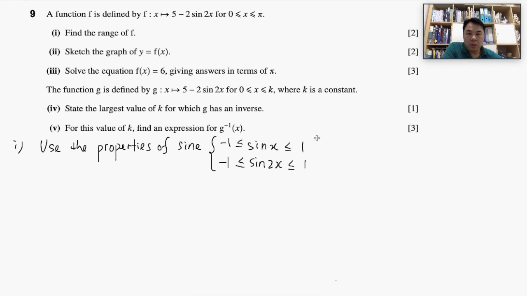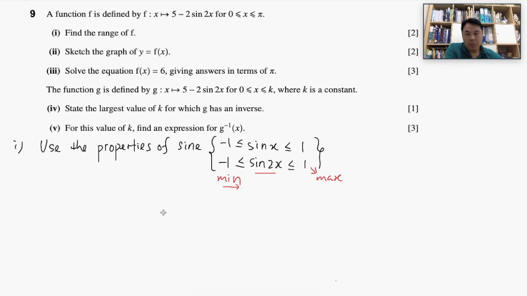So I'm going to use this property to find the range easily here. Now again marking here, this one is the maximum value for this sine, and this is the minimum value.